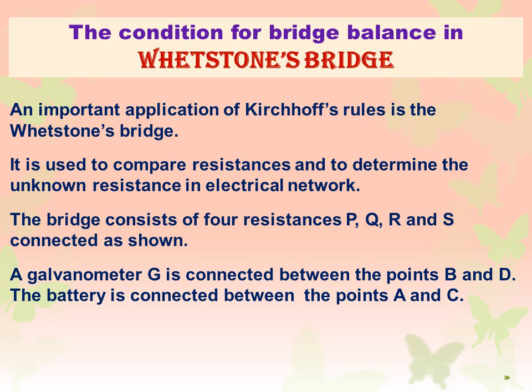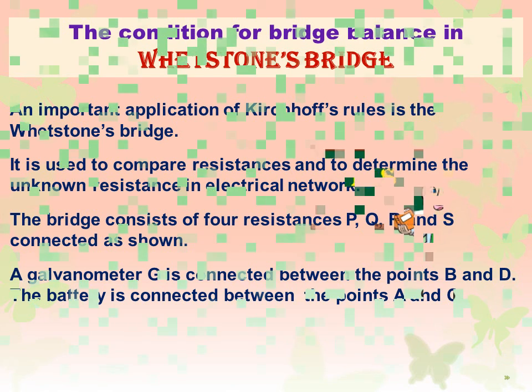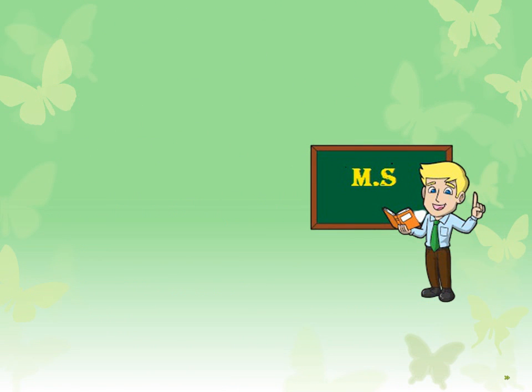Now let's consider the four resistances we use here. They are P, Q, R and S as shown in the figure. Now a galvanometer G is connected between the points B and D. The battery is connected between the points A and C. Let me show.